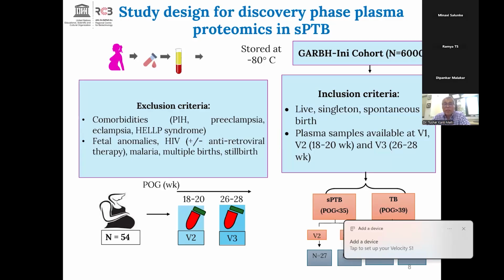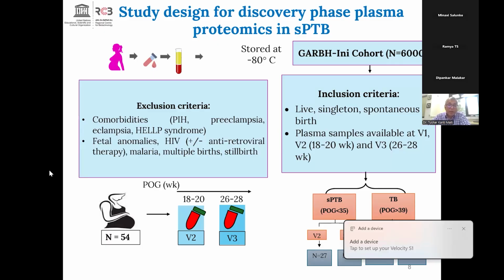These are the time points, visit 1, visit 2, and visit 3: visit 1 is less than 14 weeks, visit 2 is 18 to 20 weeks, and V3 represents 26 to 28 weeks of pregnancy. So a longitudinal sample should be available.